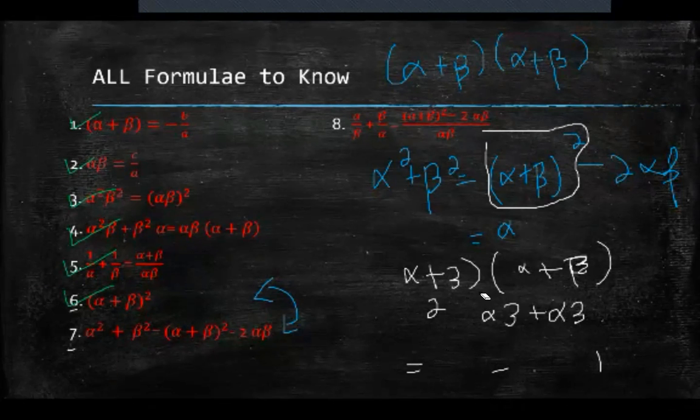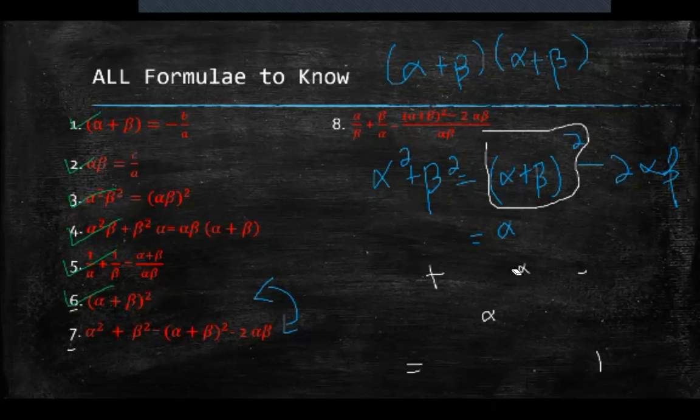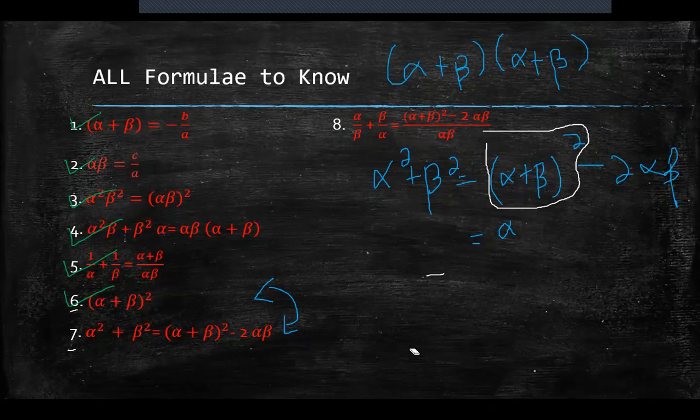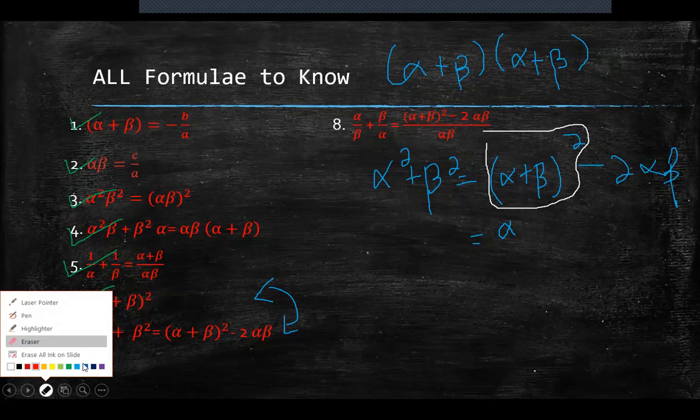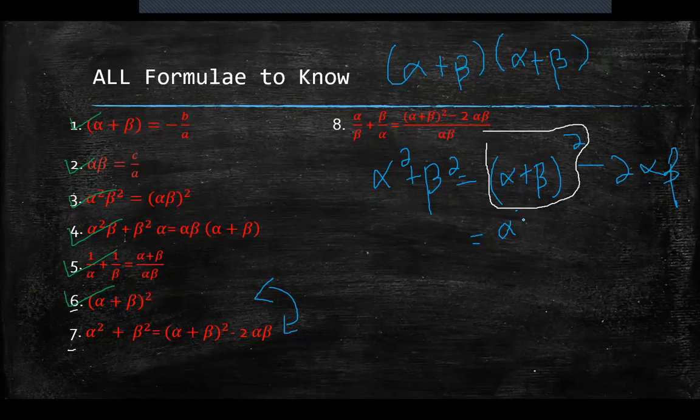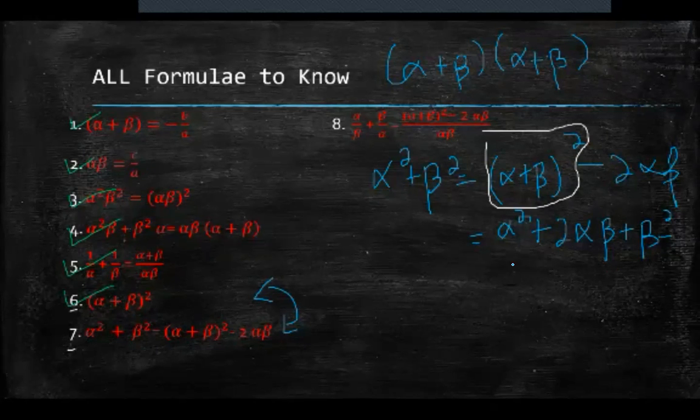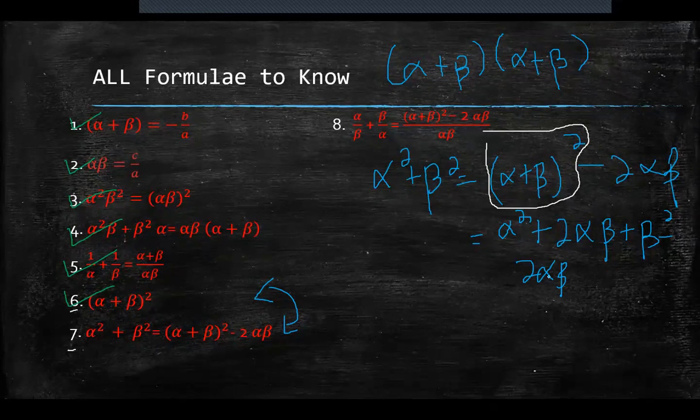So now that we figured out that expanding those brackets gives me alpha squared plus 2 alpha beta plus beta squared, don't forget your minus 2 alpha beta. And 2 alpha beta minus 2 alpha beta is 0, so those cancel out. Everybody agrees with that?